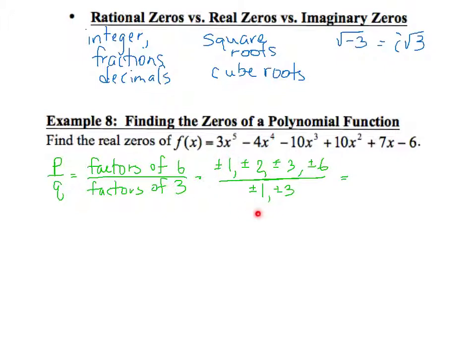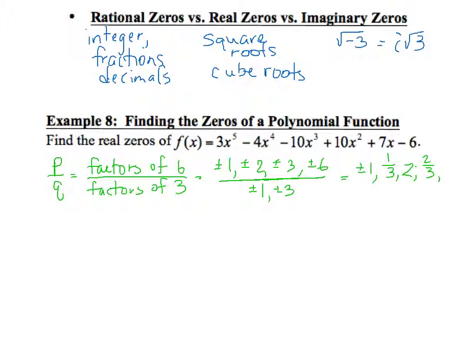So 1 is going to be paired up over 1. You have 1 over 1, you have 1 over 3. So you'd have a plus or minus 1, and a plus or minus 1/3. Then you pair up your 2 over 1 and 2 over 3, so you're going to have a plus or minus 2 and 2/3.